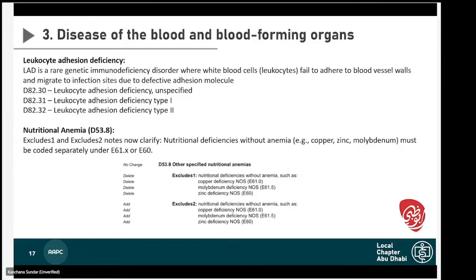With this Excludes1 deleted and changed to Excludes2, we all know we have an opportunity to code both if both are treated differently and recognized by the physician in the document as separate conditions. So whenever there is an anemia documented along with nutritional deficiencies, let us all be watchful to find if both are treated separately and coded appropriately.